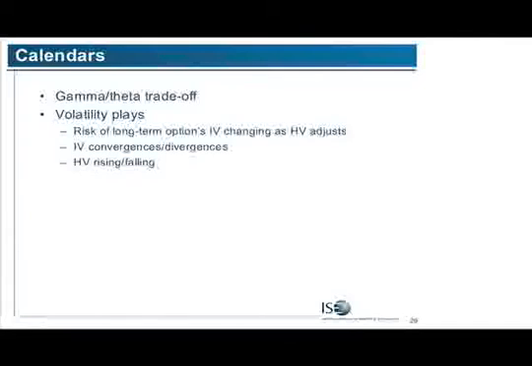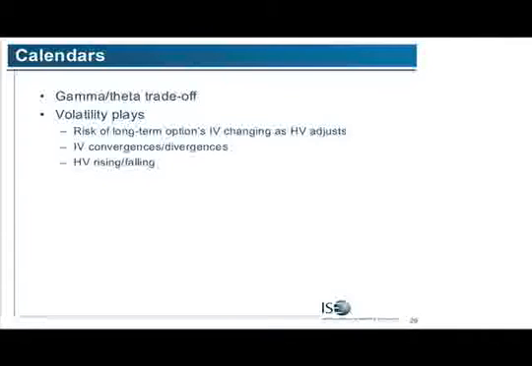The realized volatility risk is the gamma theta trade-off. When I buy calendars, I get negative gamma, that hurts me, but I have positive theta, that helps me. The moral to the story is, I don't want to see a big move when I buy a calendar. Just the opposite when I'm short a calendar.